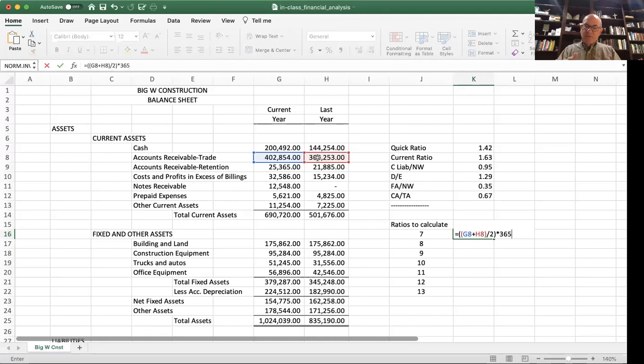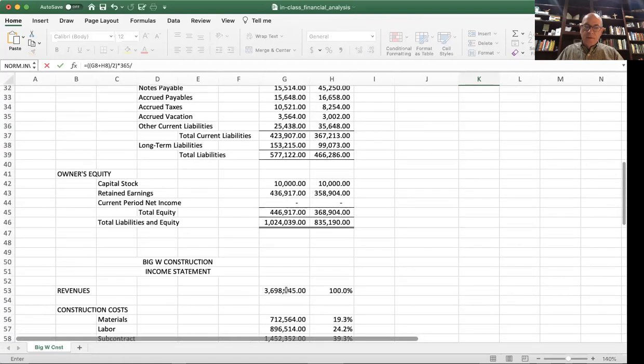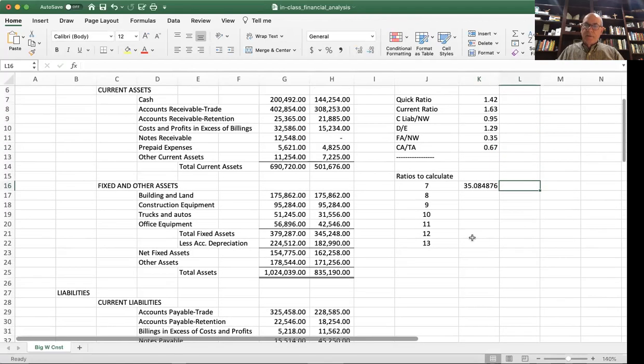So the numerator is the average accounts receivable times 365, and then I divide that by the revenues. And there is my ratio.